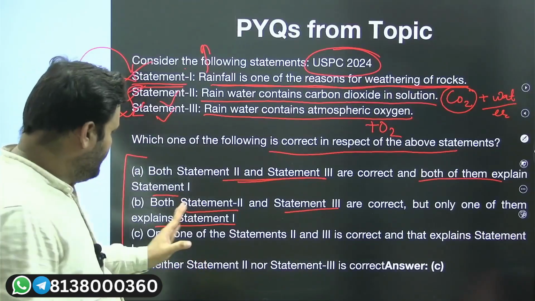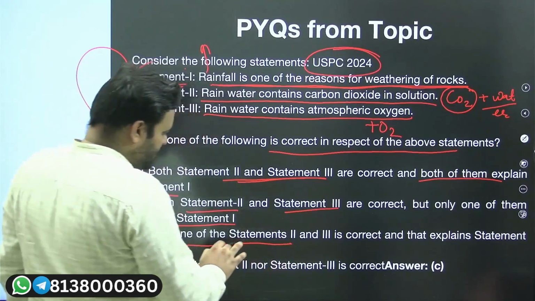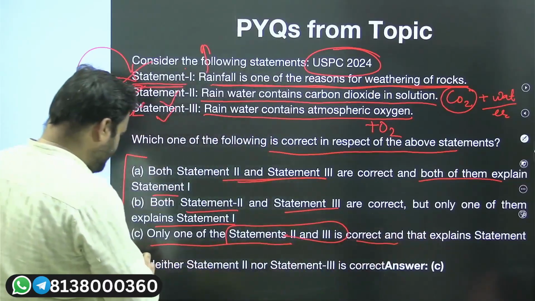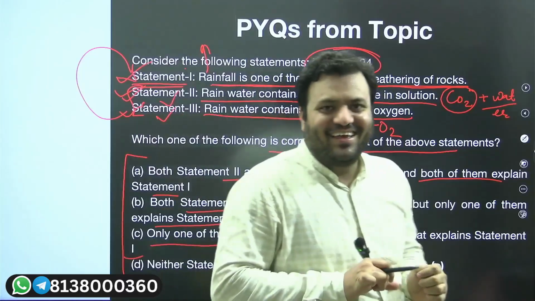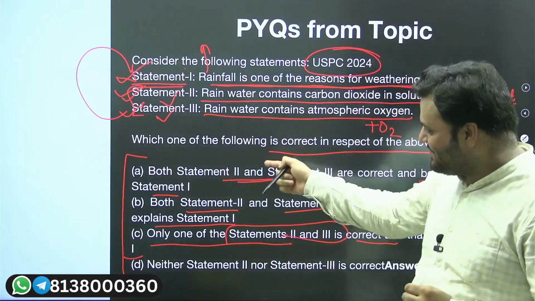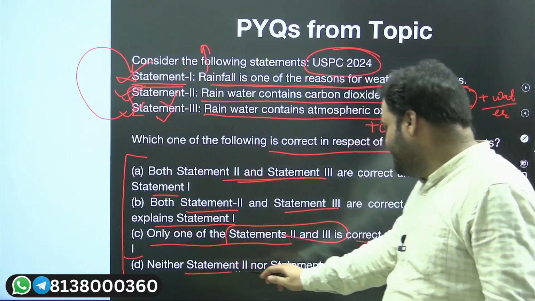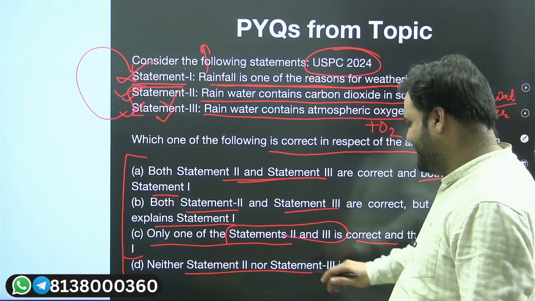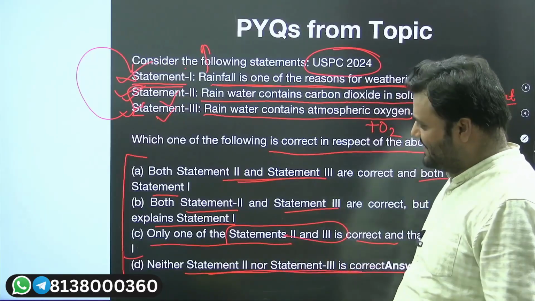Then option C: only one of statement 2 or statement 3 is correct, and that explains statement 1. It's complex, and it is complex not because of the statements themselves but because of the options involved. Neither statement 2 nor statement 3 is correct.